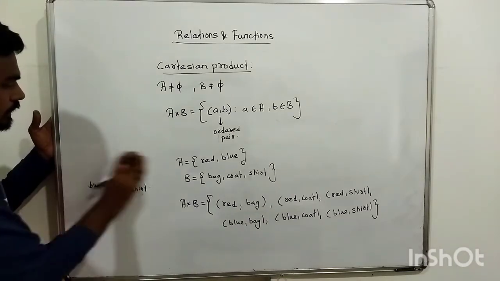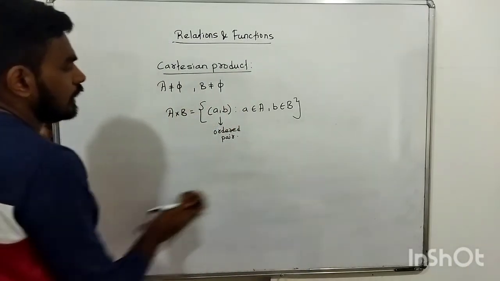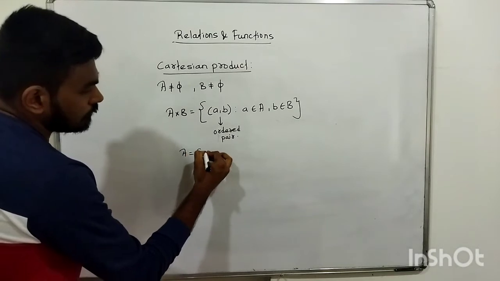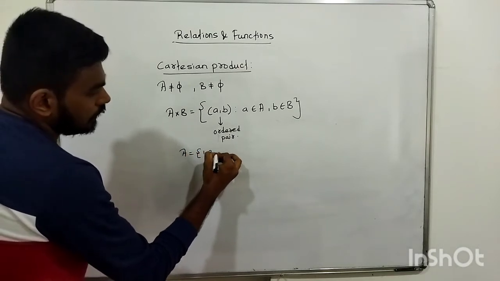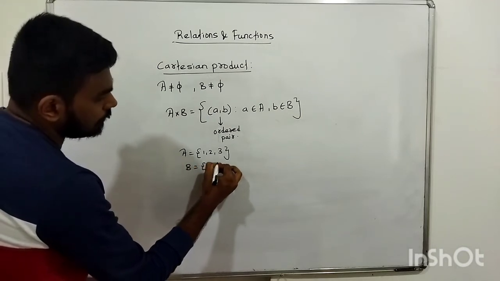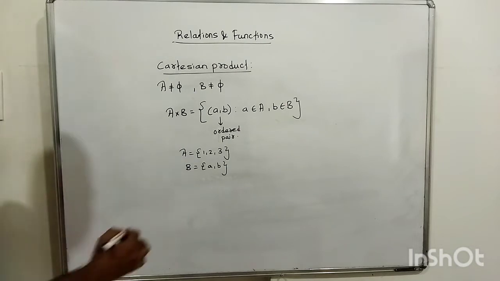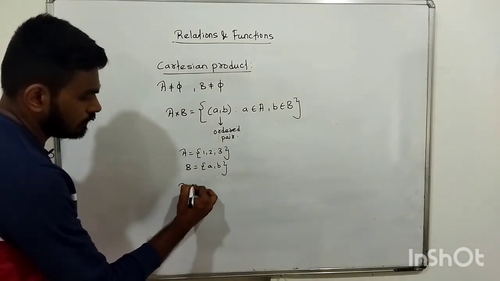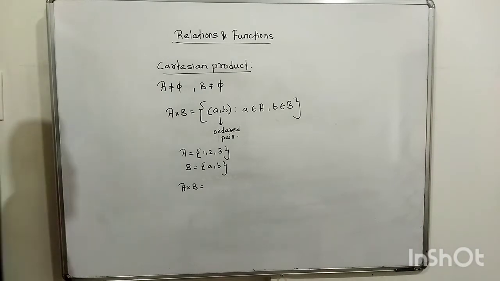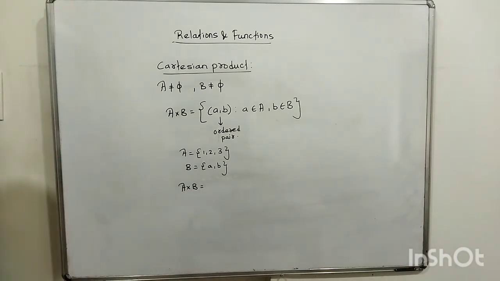Similarly, we will see two or three more examples. If I give A equal to {1, 2, 3} and B equal to {a, b}, and you are asked to find the Cartesian product A cross B, how will you find it?